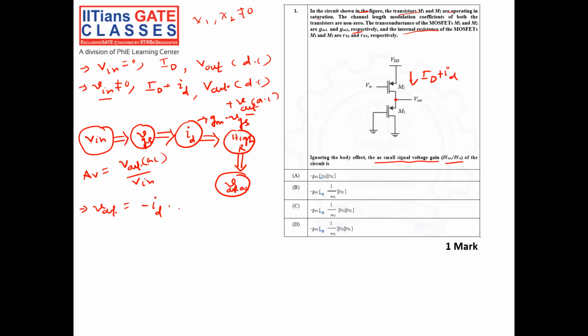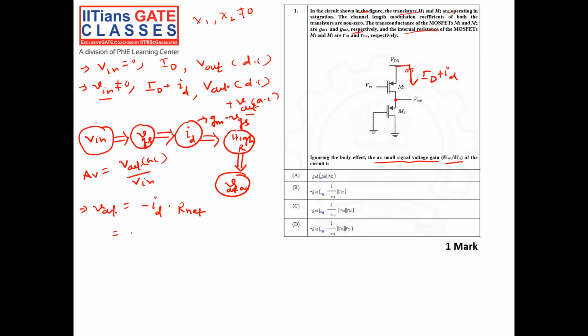So total R net at the output node. When I am doing AC or small signal analysis, I have to make all the DC sources ground. So what is R net?